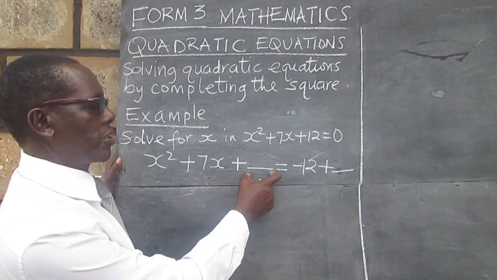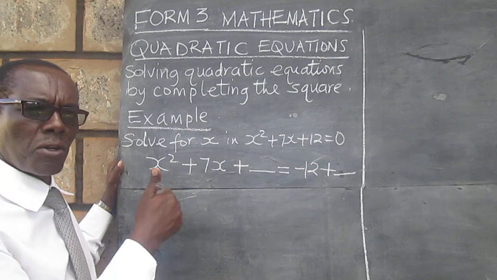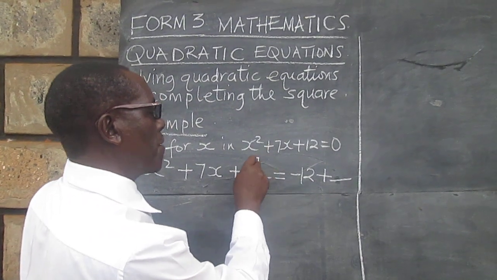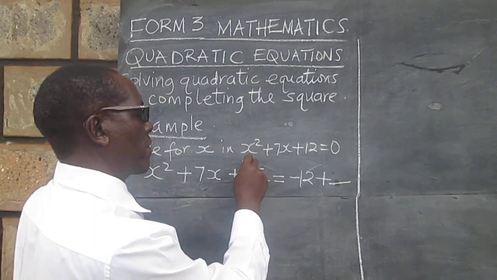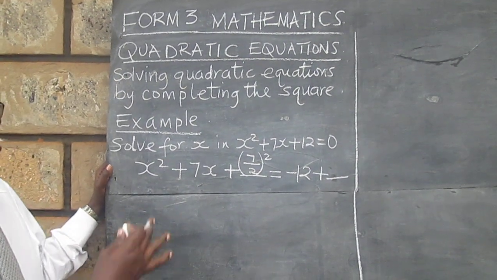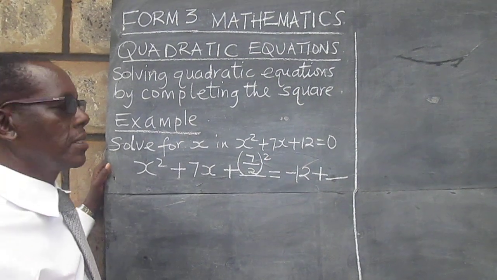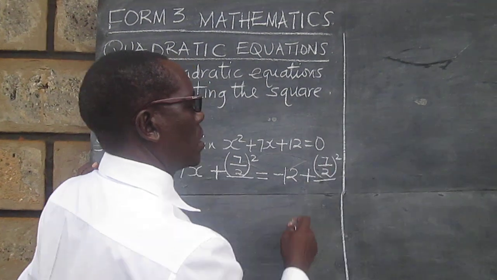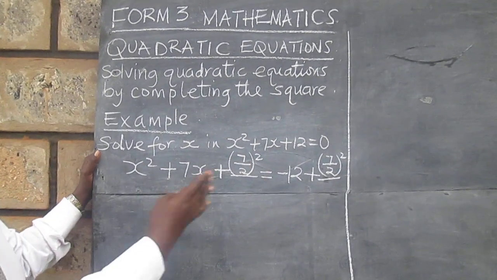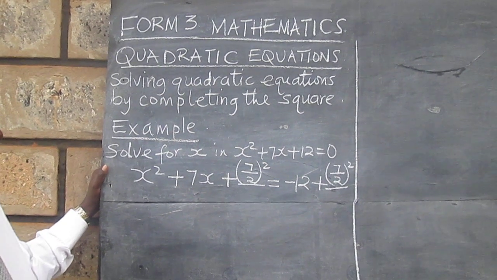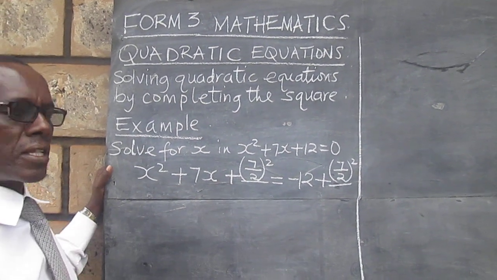So to complete the square, we are going to add a half of 7 squared, and this is the same we are going to add on the other side. Like we have said, that's to maintain the balance of the equation. We now remove the brackets so that we see what we get.